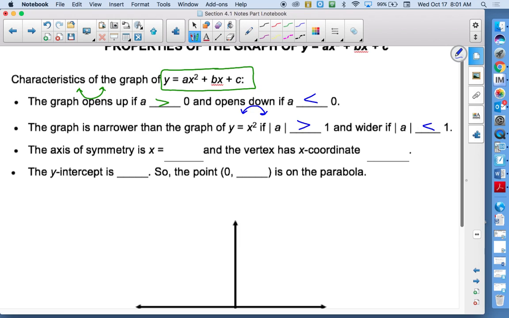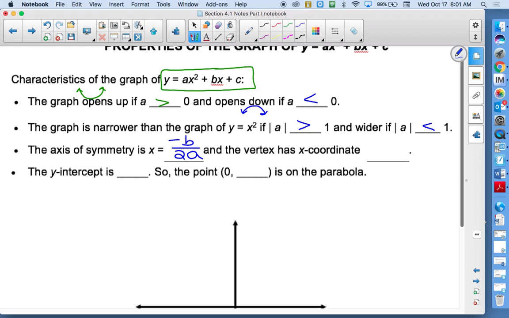The other two parts underneath here are like parts of the graph that we'll actually be calculating. So the axis of symmetry is a line that cuts the graph in half. The way we find that line or calculate that line is to use a little formula. That formula uses the numbers in the equation: the first number in front of x squared, the second number in front of x.